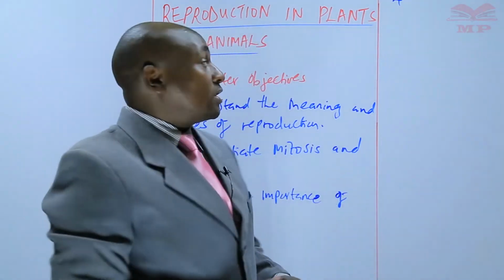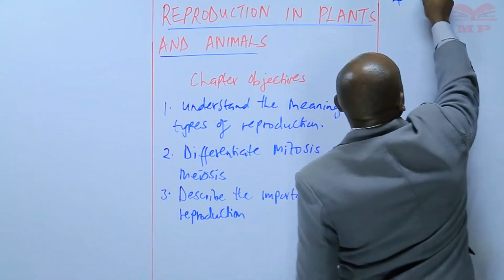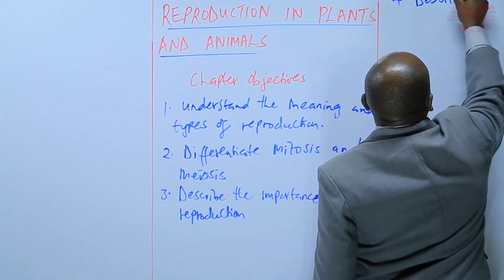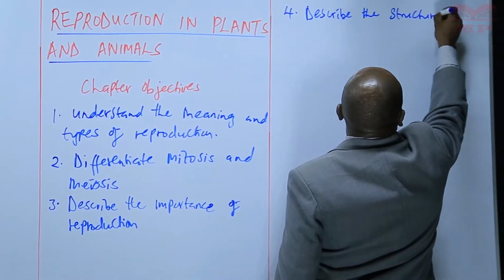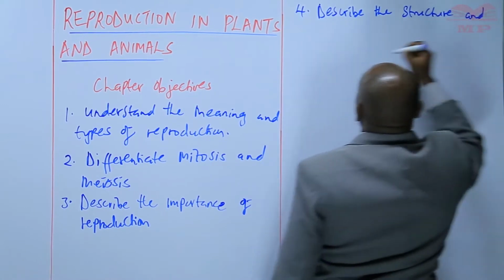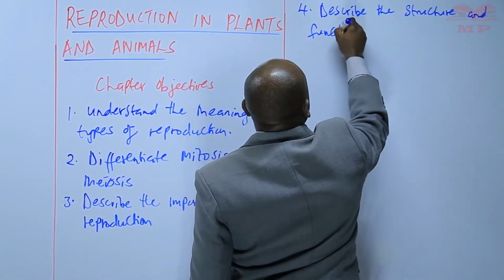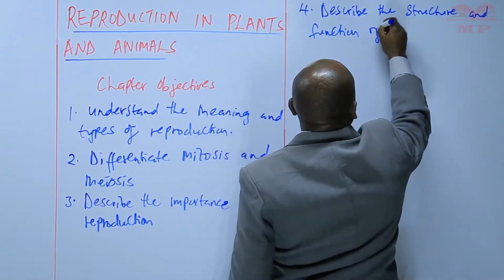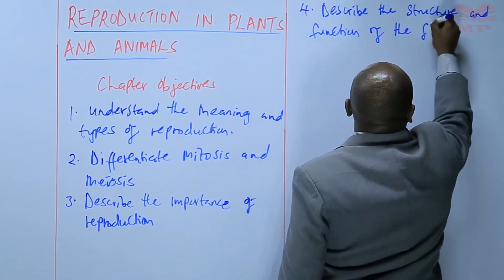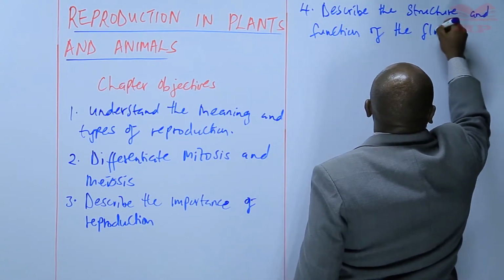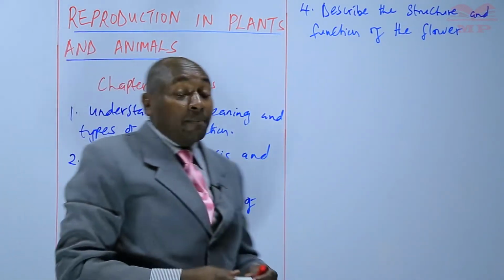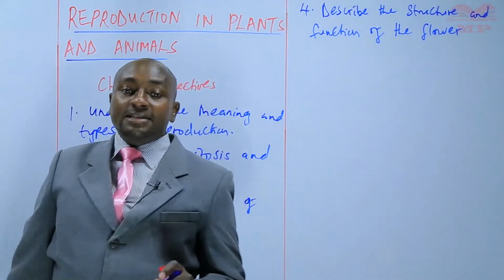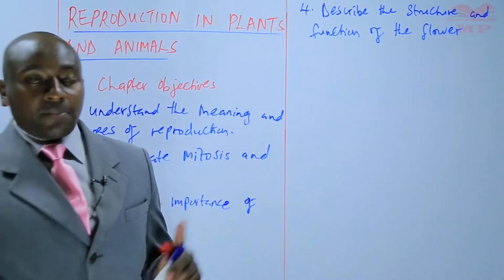And in this case, we need to describe the structure and function of the flower. Describe the structure and function of the flower because the flower is the reproductive organ in a plant.